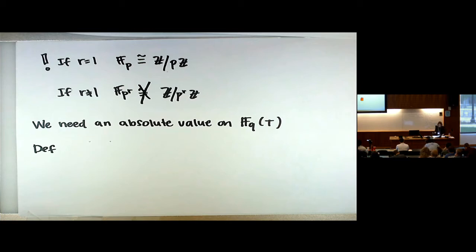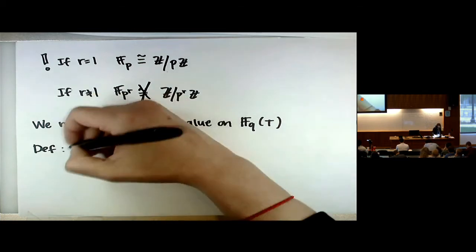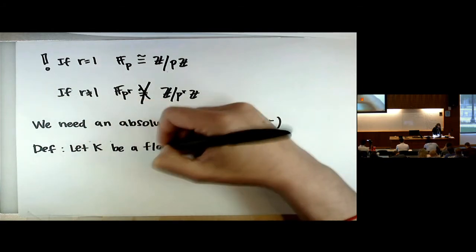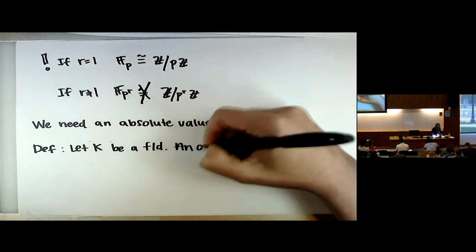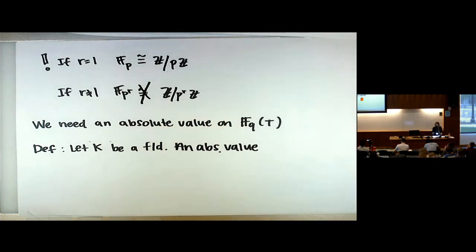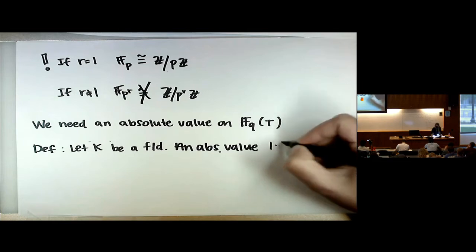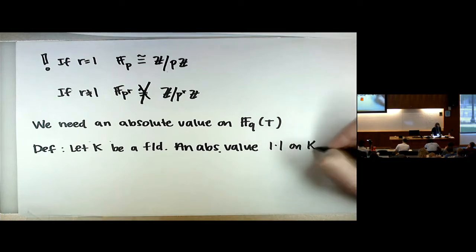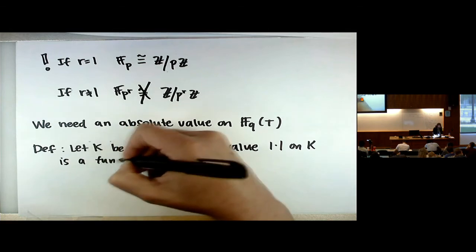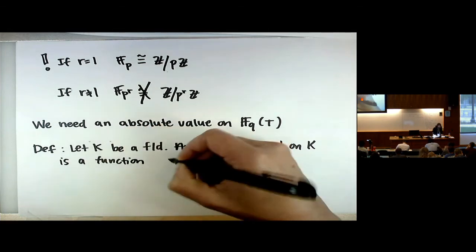So let's first tell you what an absolute value is. I should follow my notes. Okay, so let K be a field. An absolute value, I'm going to start abbreviating it, on K is a function, and it does what you would think it does.